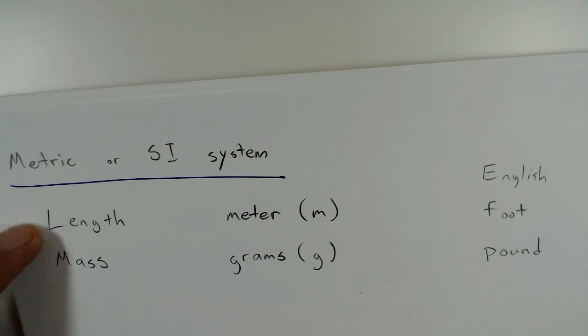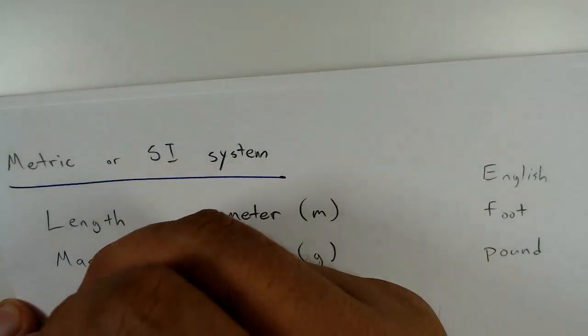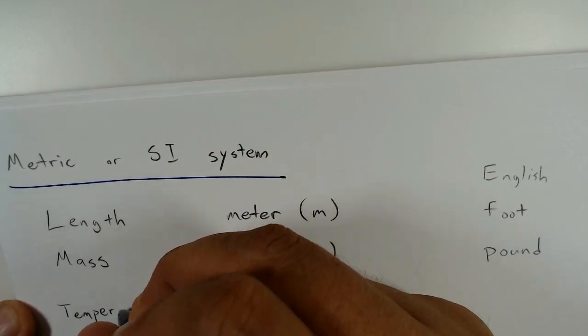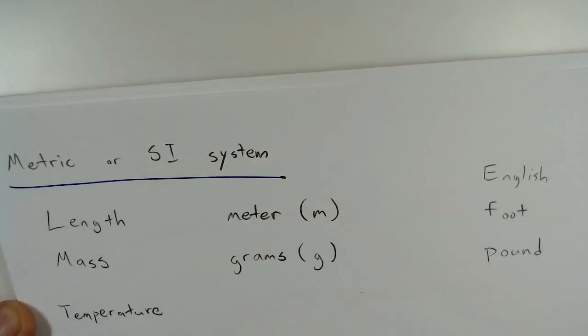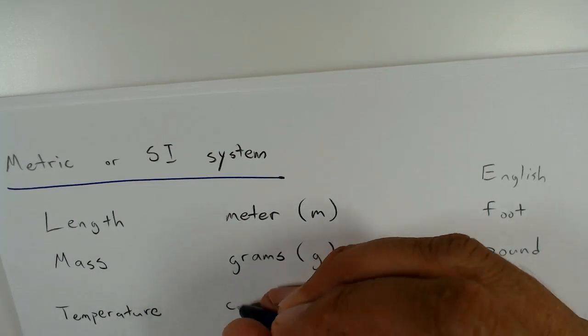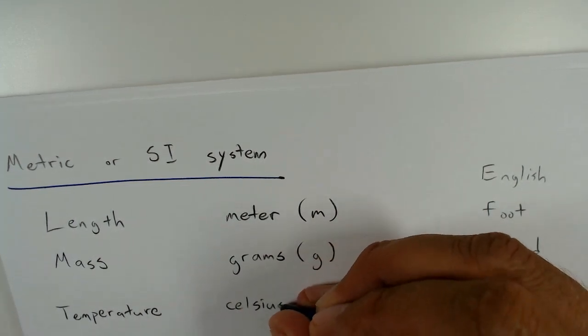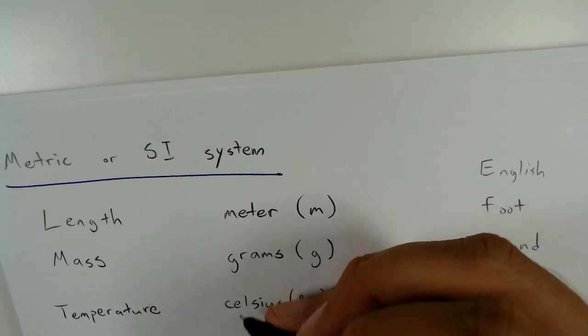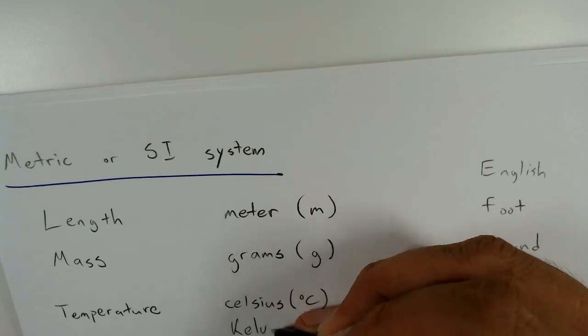All right, so length, mass. And then we have things like temperature. And you guys know what for metric we use? Kelvin. There is Kelvin and there was one other one. We actually have two. Celsius. So we have Celsius, which is degree C. And we also have Kelvin.